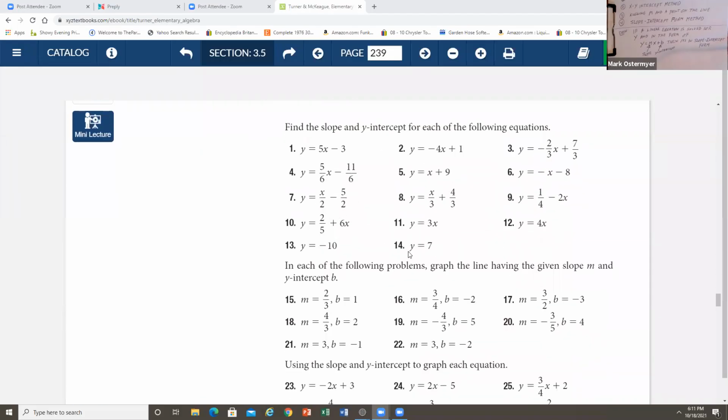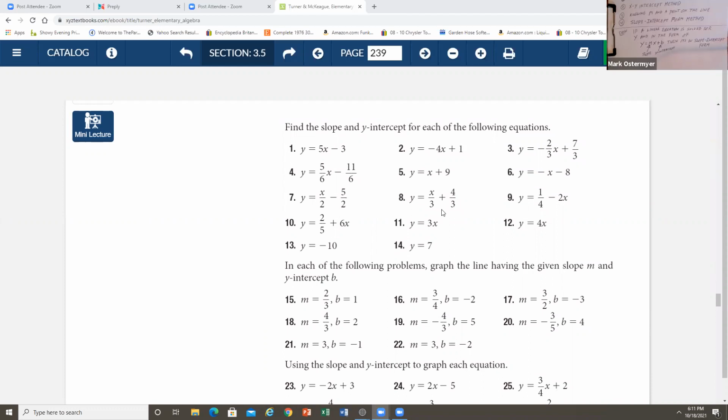Problems 1 through 14, and they want you to find the slope and the y-intercept for each of the following equations. Notice all these equations are solved for what variable? Y. They're all solved for the y variable.